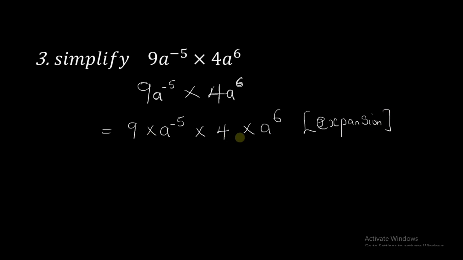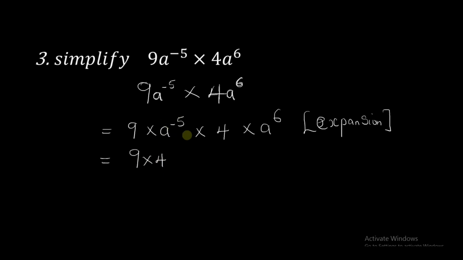After expanding the expression, you can now collect like terms. What do I mean? Let the number go to the number and let the index number go and meet the index number. So if we do that arrangement, we will have 9 times 4, because 9 and 4 are the only numbers here.